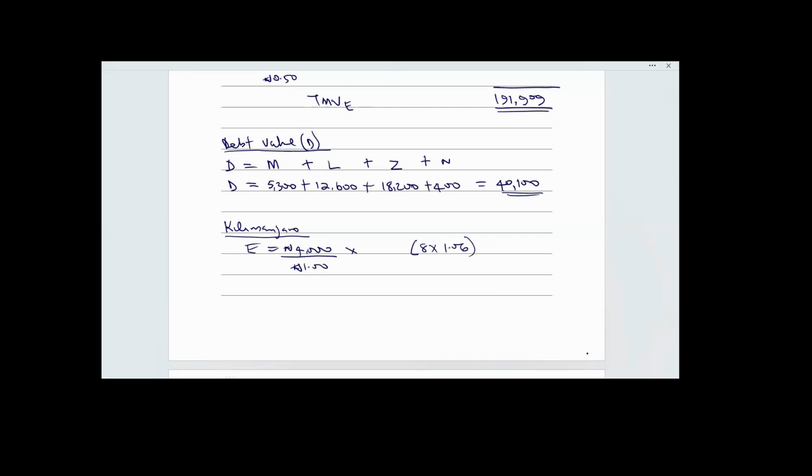So 8 multiplied by 1.06 equal 8.48. 8.48 multiplied by 4,000 is 33,920.